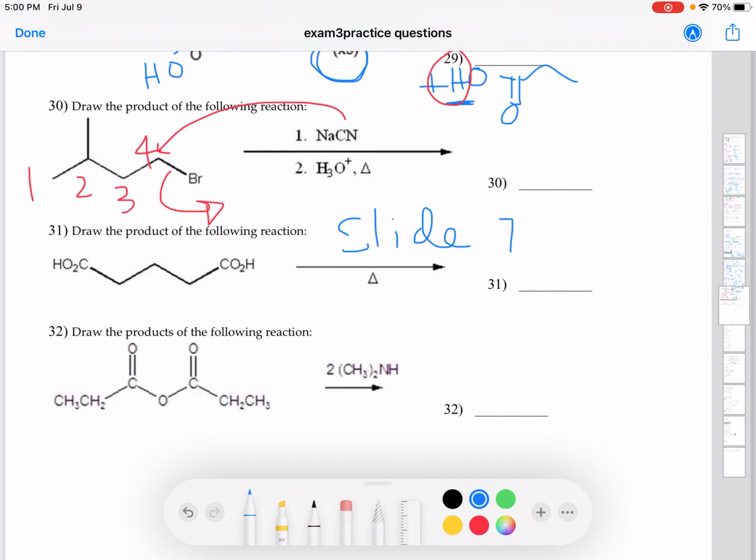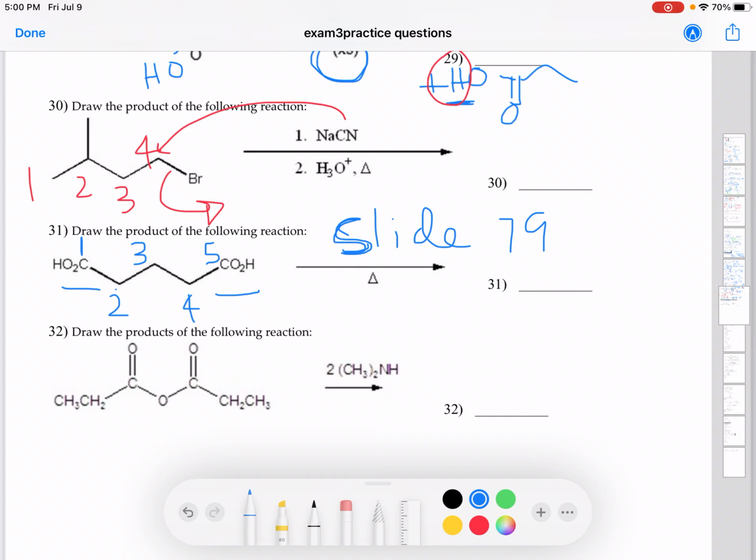Slide 79 tells you that when you have carboxylic acids in the same molecule, they condense to form a cyclic anhydride. So this one has 1, 2, 3, 4, 5 carbons.